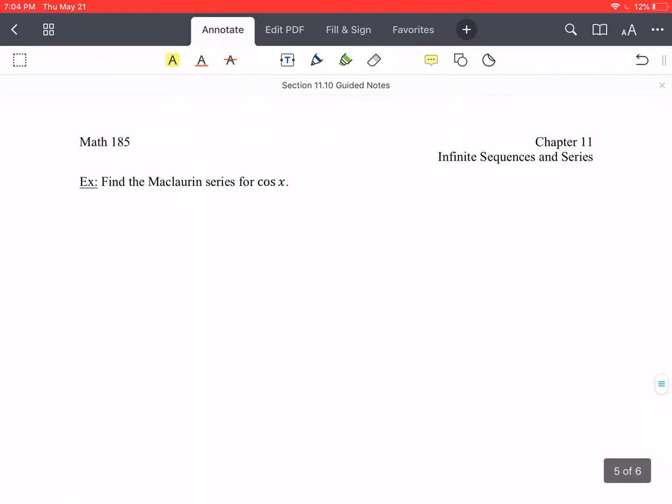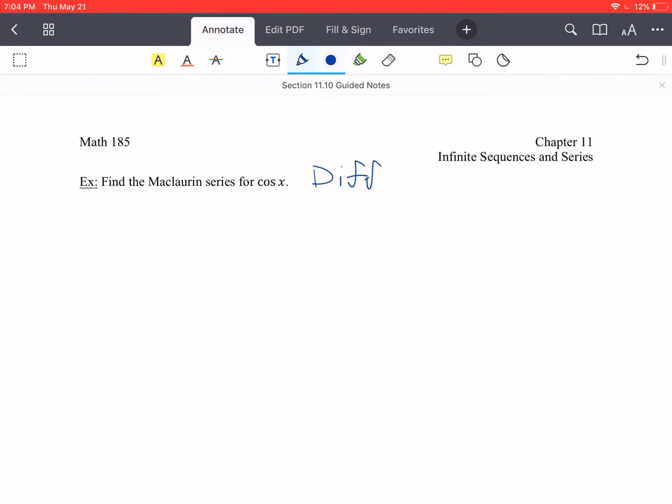Now, we could use the same method as before, but because we now know the Maclaurin series for sine of x, we can just differentiate that series for sine of x, and that'll give us cosine, right? Because cosine is the derivative of sine, and that's going to make our work so much easier for this one. So we are just going to differentiate.